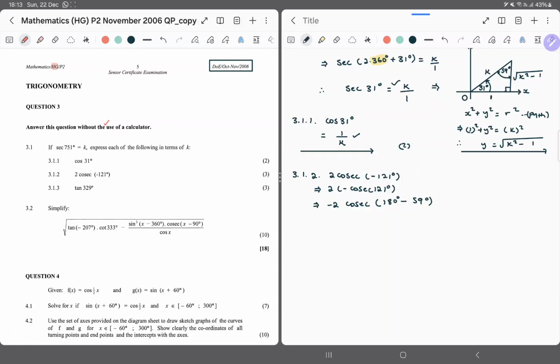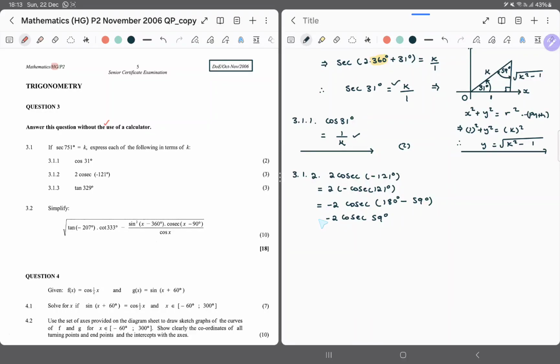So this also implies, now we've got minus 2 times cosec. Remember, cosec is positive in the second quadrant, just like sine. So this is just going to be cosec 59 degrees. All right. I don't know why I'm writing this. This is an equal sign.